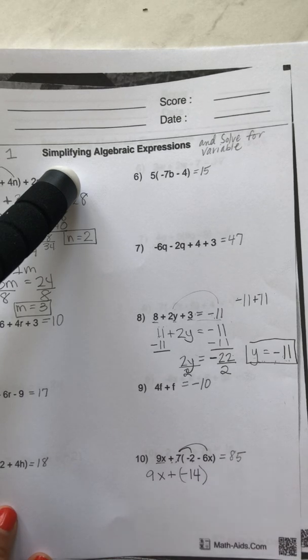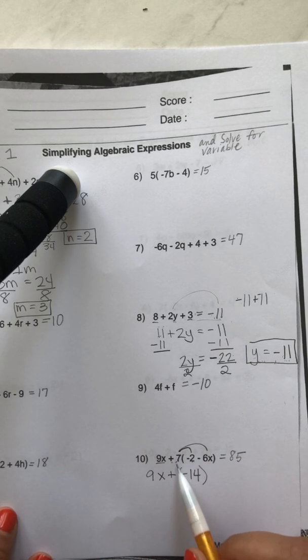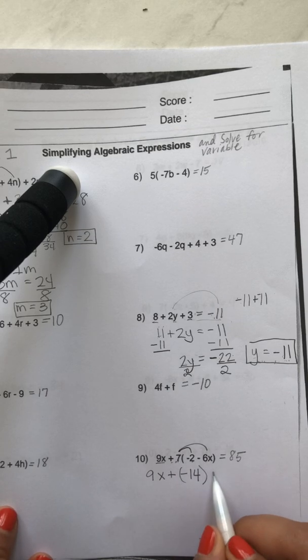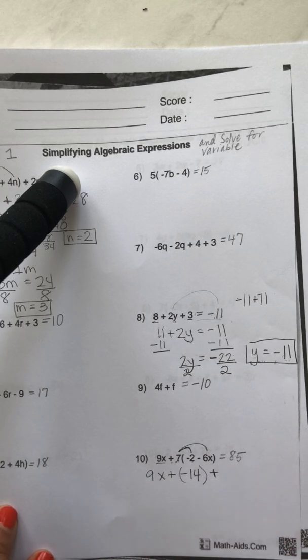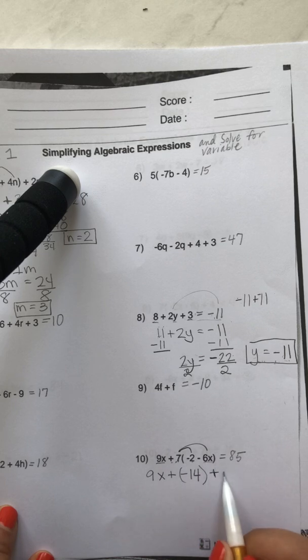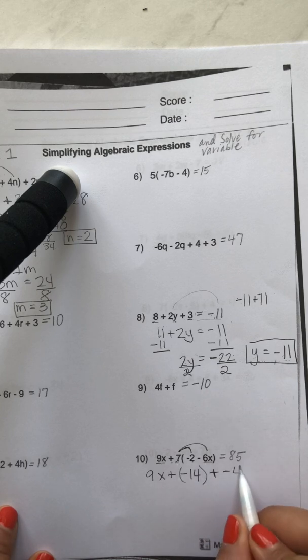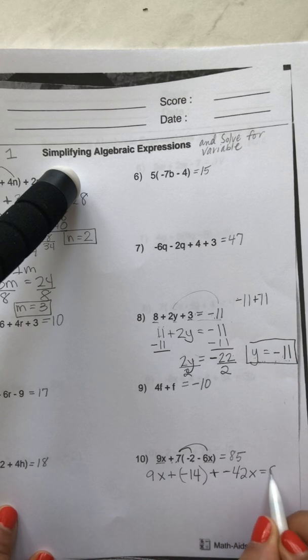I'm going to put parentheses around there so I can see it's a negative. And then this positive 7 times negative 6. So I'm also going to put a plus sign here just because it's easier for me to add everything. But this term's going to get a negative x. So 7 times 6 is negative 42x equals 85.